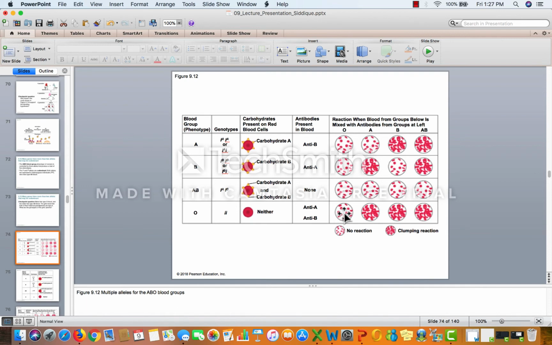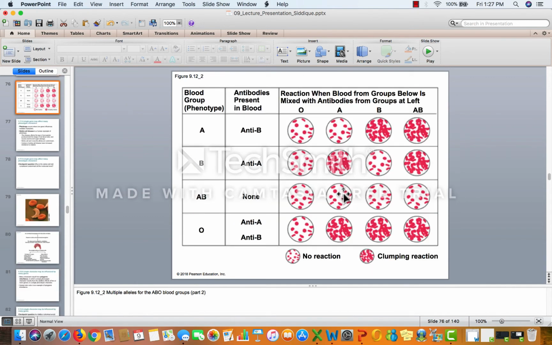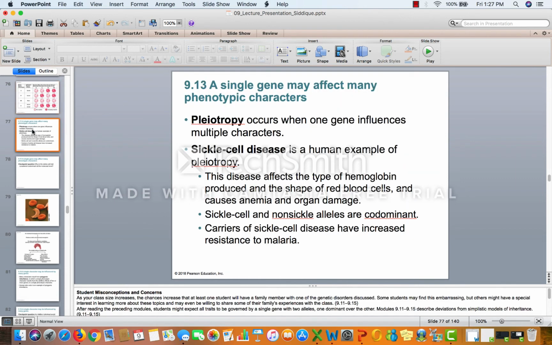If you're type O blood, you can only get blood from type O, but you can donate to everyone, and every other blood type will make you clump and coagulate. Okay, so this is basically AB, which is universal recipient, right here. Universal donor is O. Type B blood can get blood from B and O. Type A blood can get blood from A and O. Okay, so that's your multiple alleles for your ABO blood type.